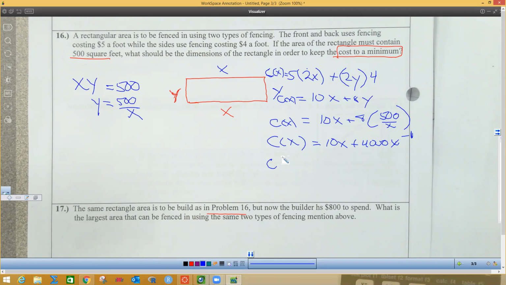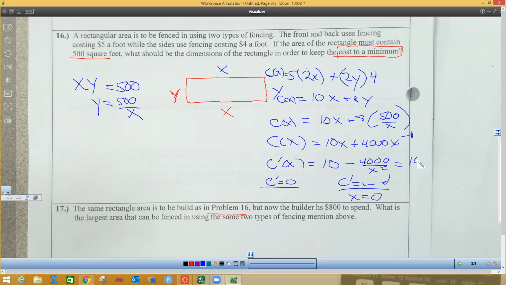So I get my critical numbers and do the derivative, and I get this thing, with x to the negative 2 under here. I have critical numbers when C prime is 0 or when C prime is undefined. Well, the other critical number then is 0 because that would make this bottom part 0.